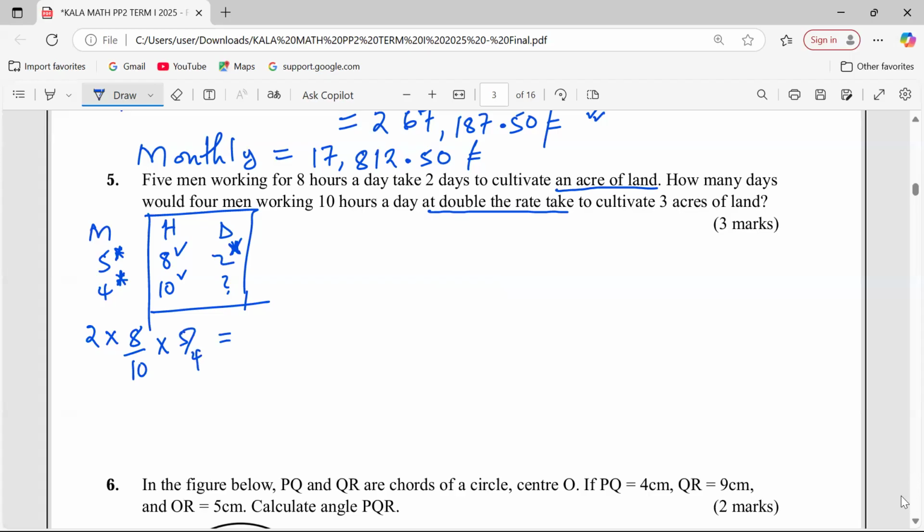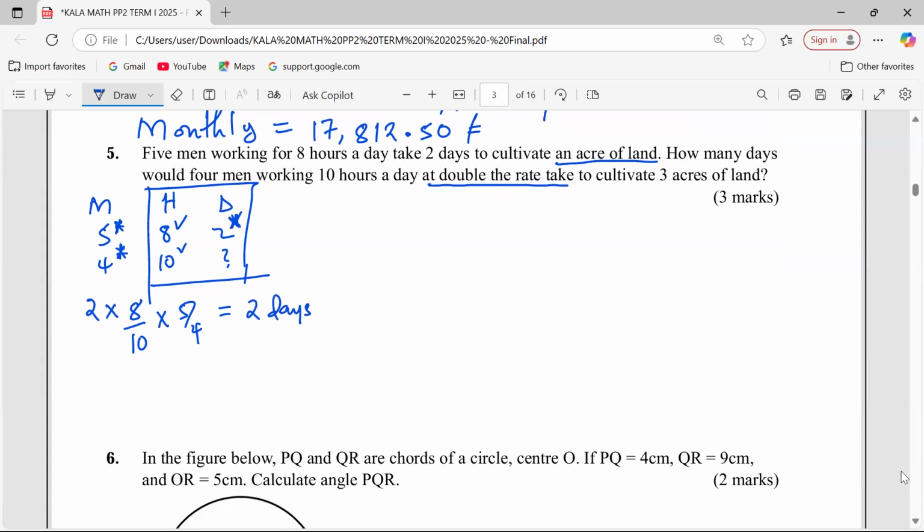How long will these 4 men take working 10 hours to do an acre of land? So 2 multiplied by 8 multiplied by 5, then we divide everything by 40. This becomes 2. So these guys need 2 days to work 1 acre of land.